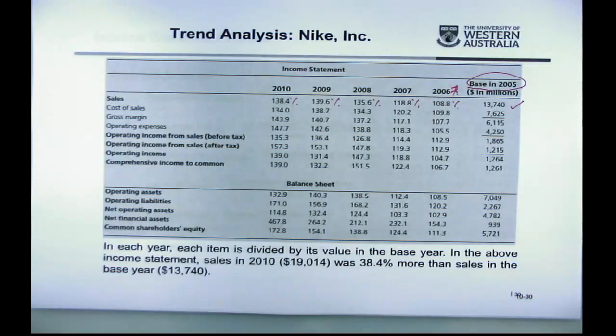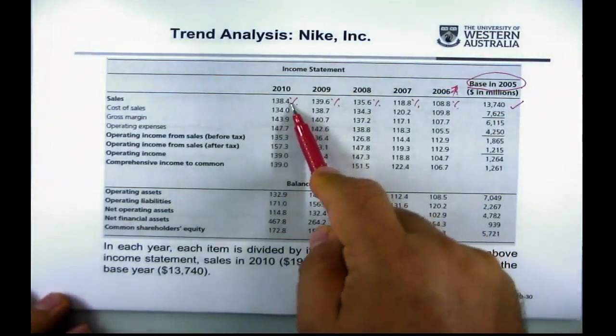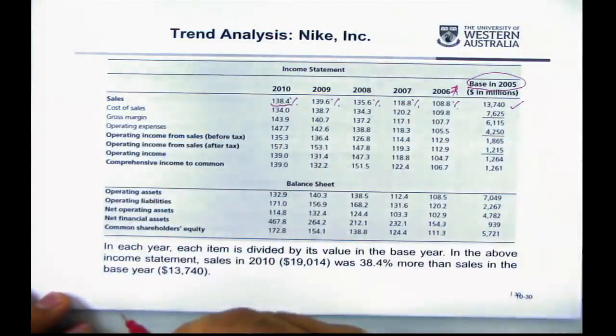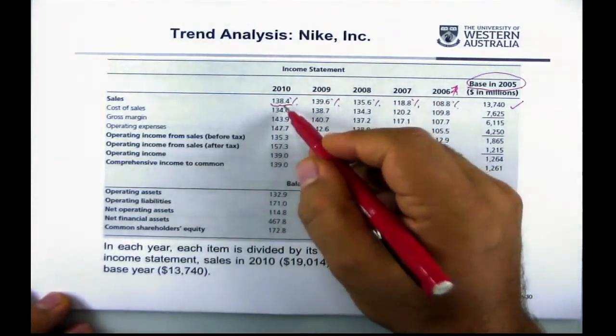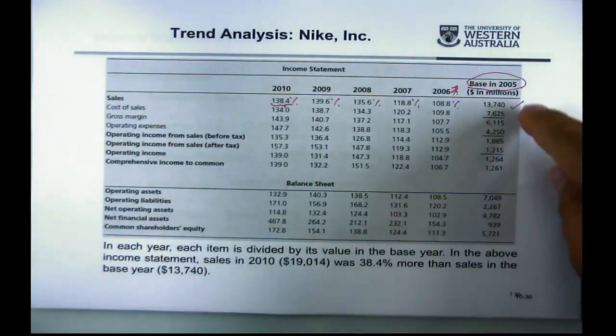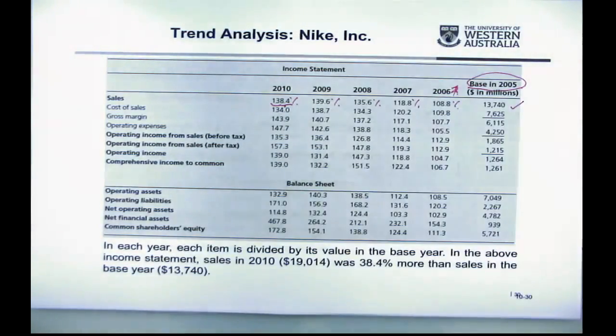Okay, this is the meaning. We do the same every year. We divide the figure by its value in the base year. For example, in 2010, this is percent. We can say here that the sales in 2010 was 38.4% greater than the figure of sales in the base year.